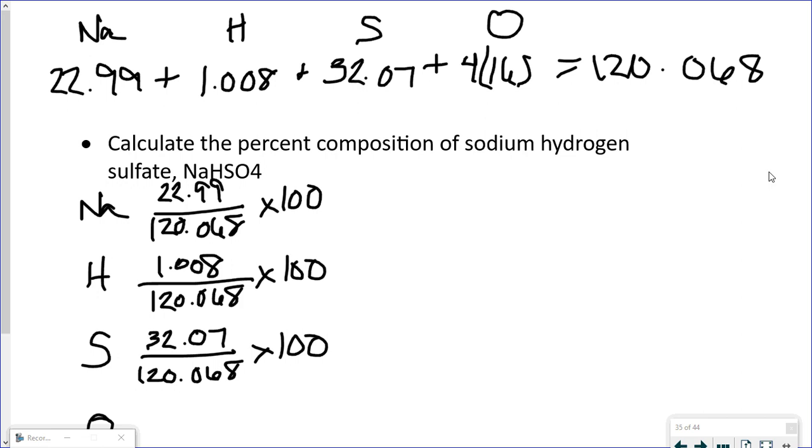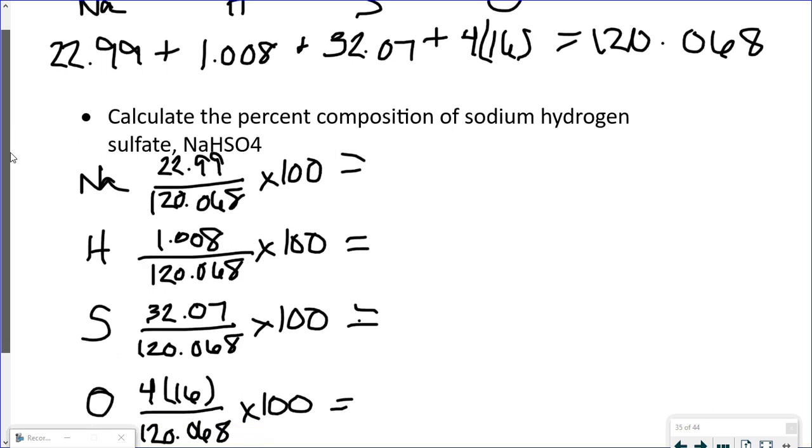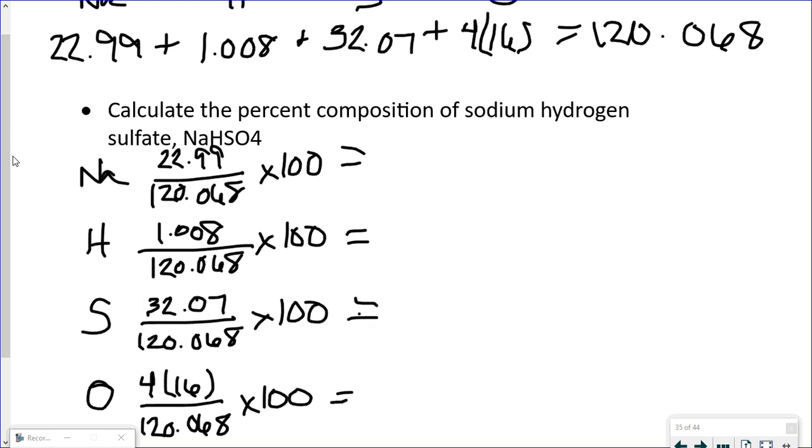And then for oxygen, we had 4 of them, so 4 times 16 over the mass of the compound, the 120.068 times 100. And then we're going to solve for each of these. And remember, even though we have more than 2 substances, they should add up to an overall total of roughly 100. I'll scroll down so you can see that bottom one.